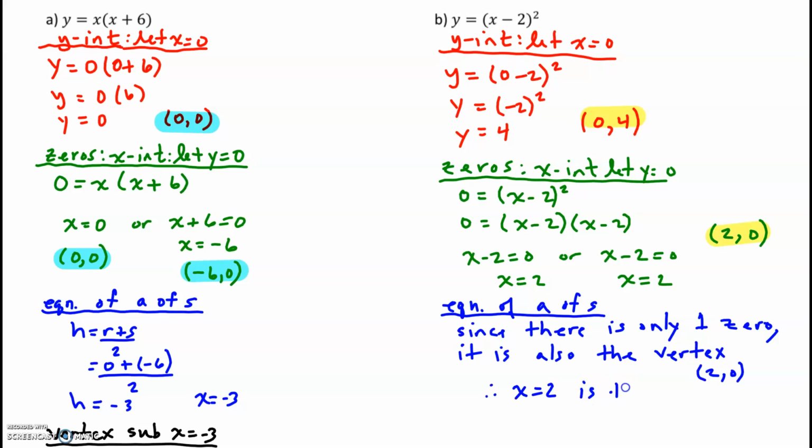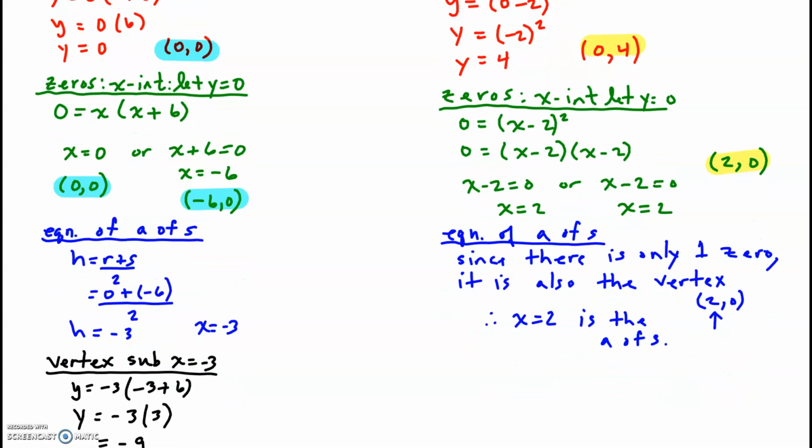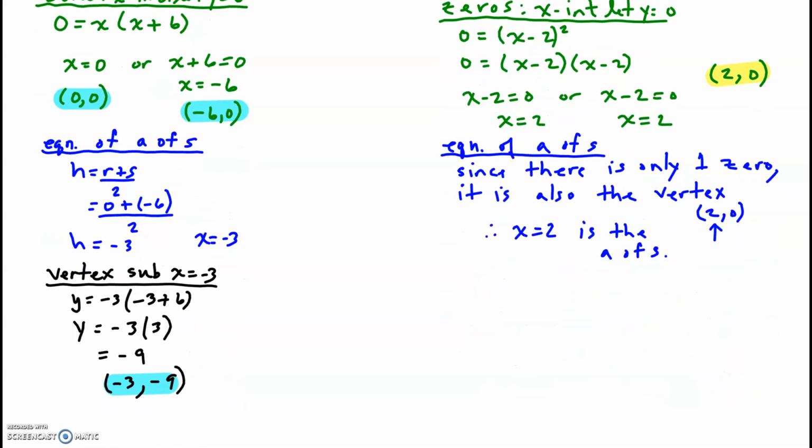Because remember, the axis of symmetry is a vertical line that goes through the x value of the vertex, which is going to be 2. Okay, and that makes it easy. If we already know what the vertex is, we don't have to do that calculation. We don't have to sub in. We already know that the vertex is going to be (2, 0).